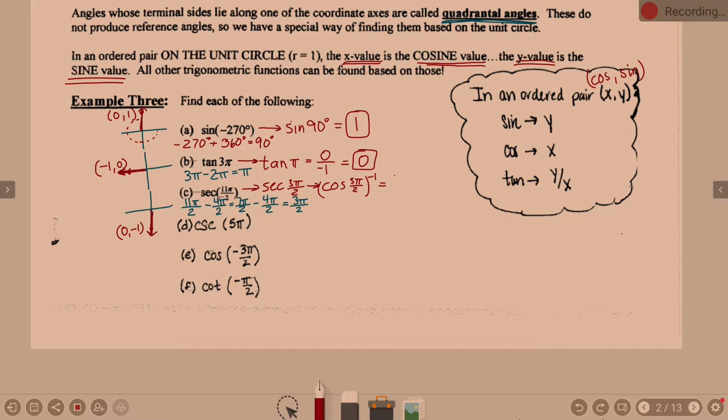So what's the reciprocal of 0 over 1? 1 over 0, which is undefined. Remember we talked about that yesterday, didn't we? How did we know that it was 0? Because the cosine of 3 pi over 2 is 0, because that's the x-coordinate. Cosine is x. So the cosine of 3 pi over 2 is 0. The reciprocal of 0 ultimately is undefined. Okay? I would just flat out memorize that.